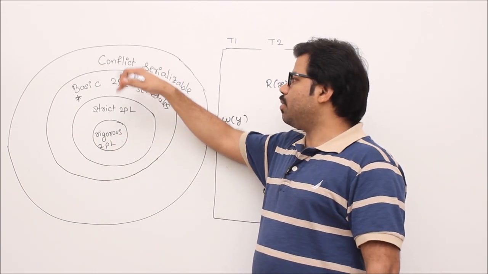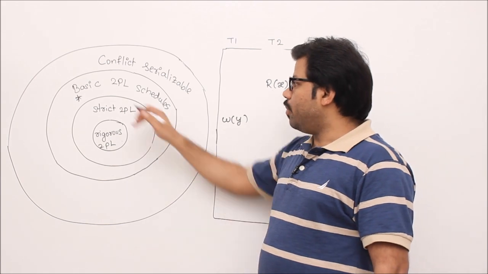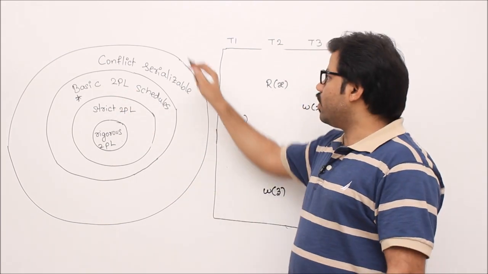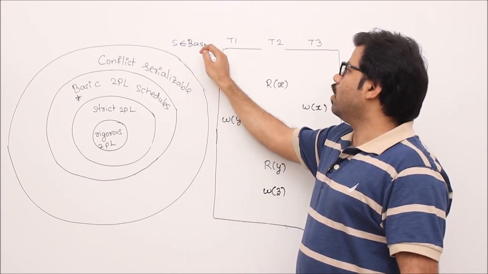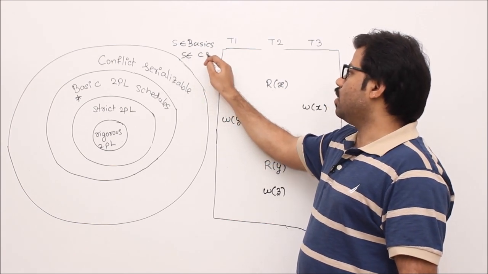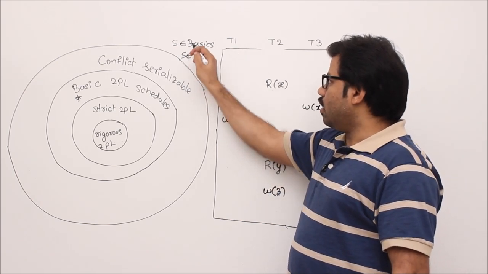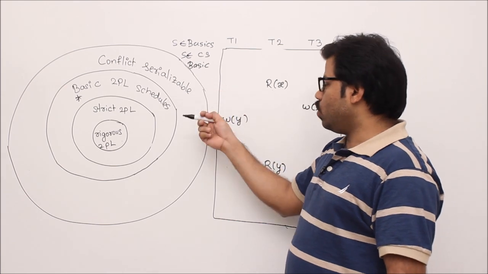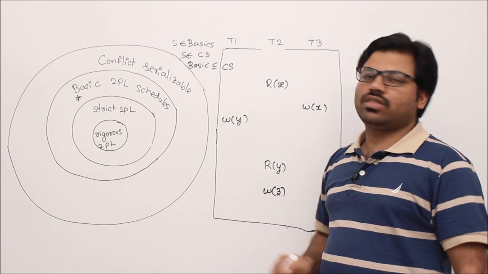But what is the relationship between conflict serializability and basic 2PL? We know that basic 2PL allows only conflict serializable schedules. That means if a schedule S belongs to basic, then definitely S belongs to conflict serializability. So basic 2PL schedules are a subset of, or equal to, conflict serializable schedules, correct?